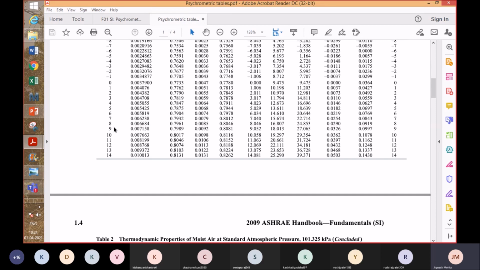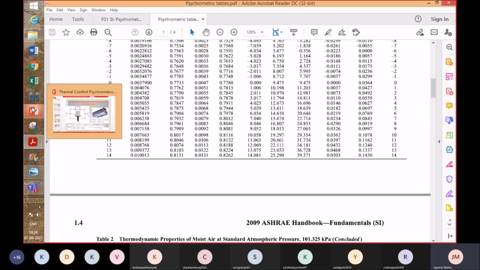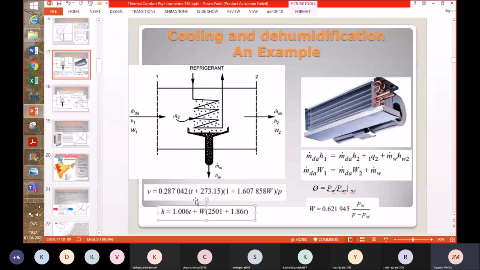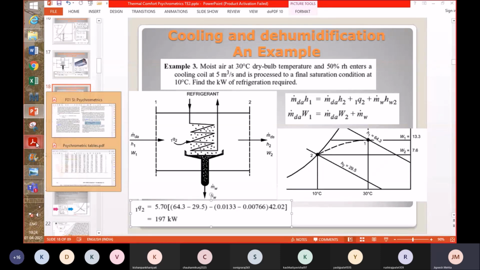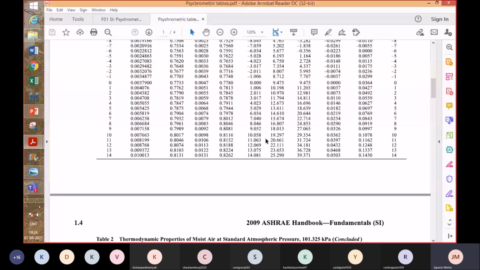That's the value of H2. In the next slide, you can see 29.5 as the value of H2, whereas here what you got is 29.354, right? So the value that they have put is an approximate value. If you want to be more accurate, you can put the value from the psychrometric tables.